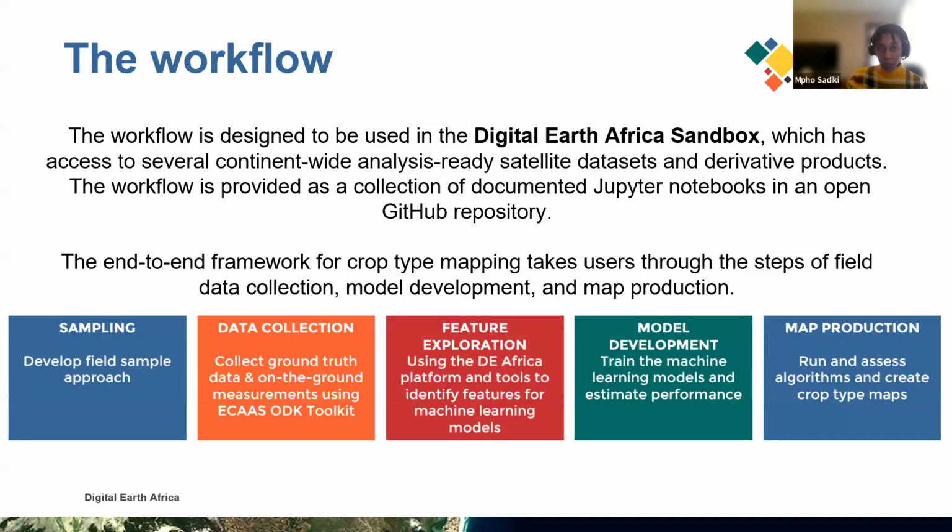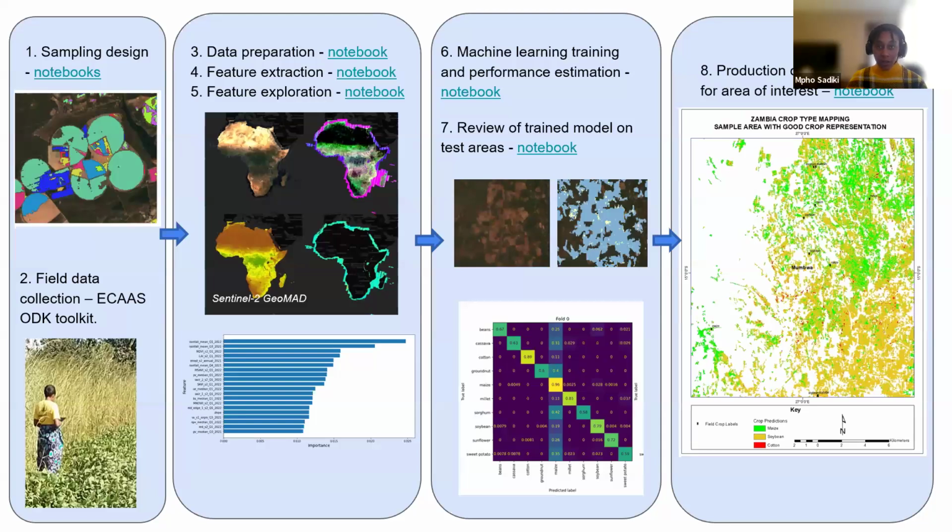So this graphic here gives us an in-depth description of what the notebooks actually look like. As you can see, the first step looks at sampling design. And this is achieved over 4 notebooks that help you create a representative sampling design using stratified random sampling.